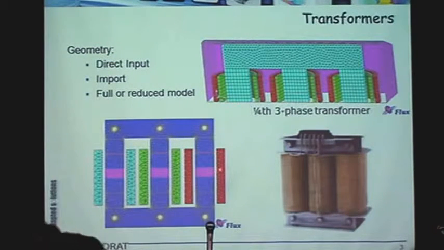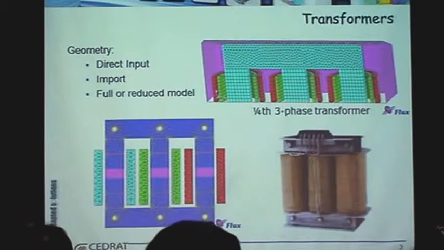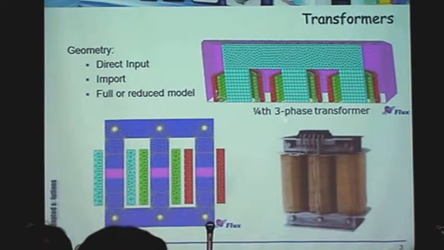Where you have an air gap, you will have some leakage, and this leakage is going to be fringing on the third dimension, and this fringing is going to be very, very important. So in 2D we will not be able to capture it. So very often we actually have to go 3D.